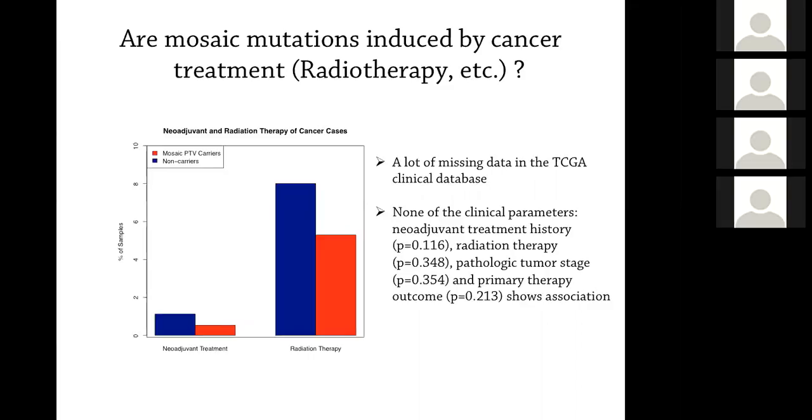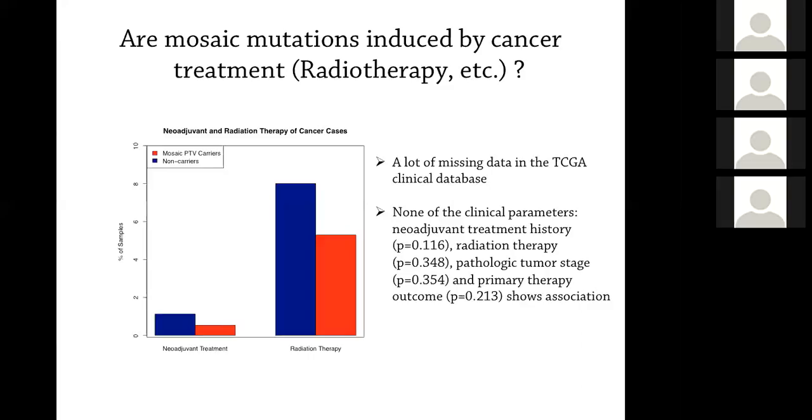There are several papers, I think published early this year and at the end of last year, suggesting that clonal expansion and mosaic events in solid tumor cancers are actually driven by chemotherapy exposure.